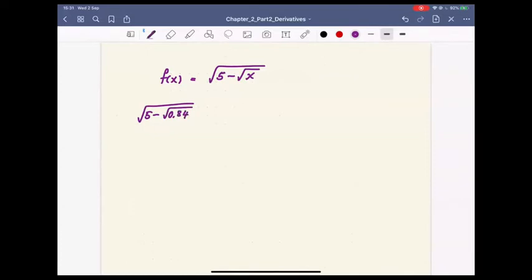For example, like that. How do you compute it without using a calculator?